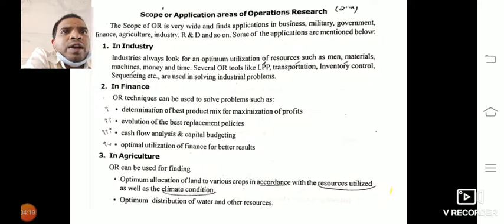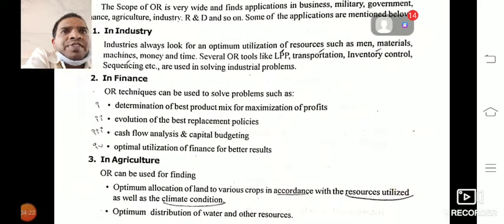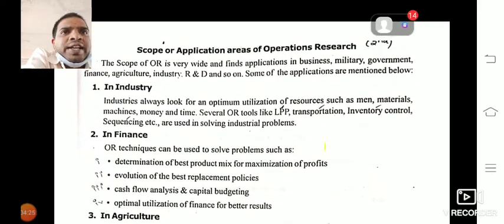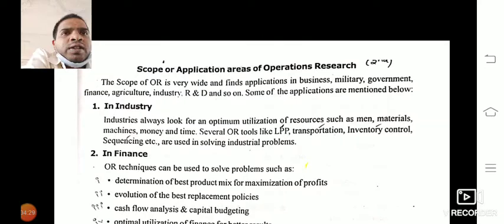Now these are the application areas where we are going to use operations research. In industries, as you know OR is an optimization technique, we use it to optimize the utilization of resources such as men, materials, machines, money and time.